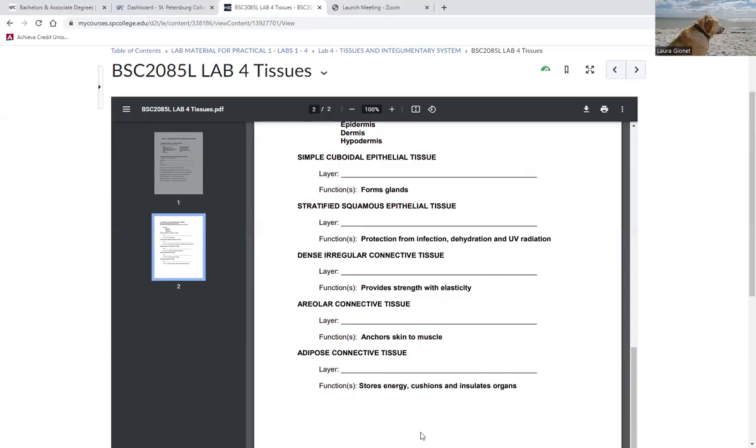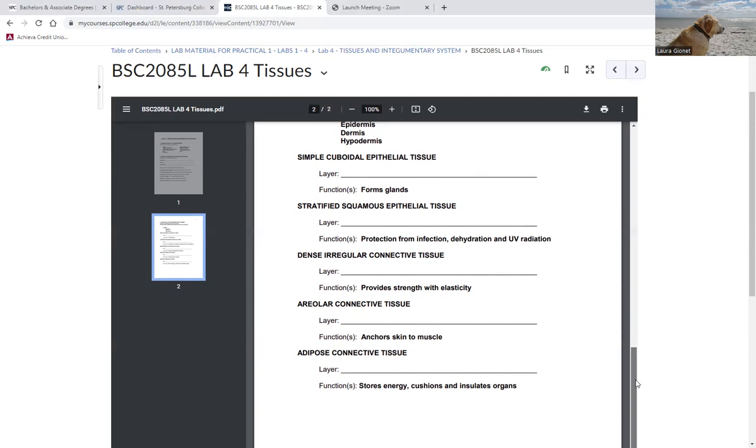And then we have adipose connective tissue. That's the fat. That is also found in the hypodermis, or you may refer to it as the subcutaneous. And remember fats from the second chapter, the chemistry chapter: long-term energy storage, cushion, and insulate organs.